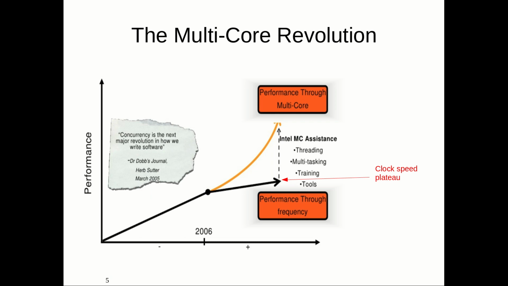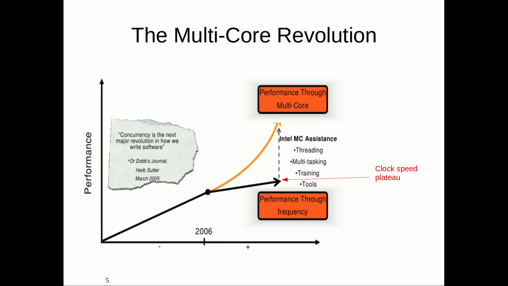This is what I mentioned before, the so-called multi-core revolution. Of course, this took place a couple of years ago, presumably when most of you were still going to school. But this shows us that the performance increases through frequency increases stopped. When I was going to university and to school, every year we were getting CPUs with higher clock frequencies, meaning that more arithmetic operations could be performed per second, and they kept increasing.